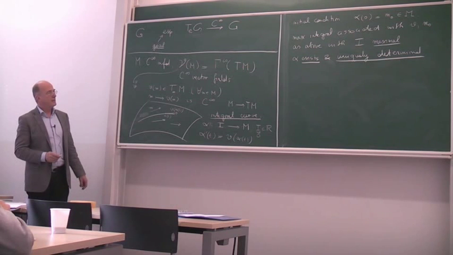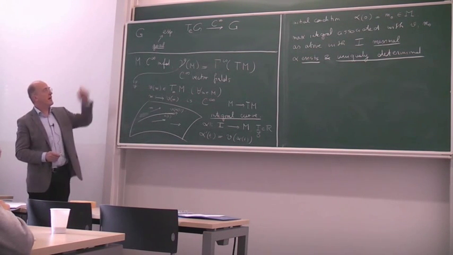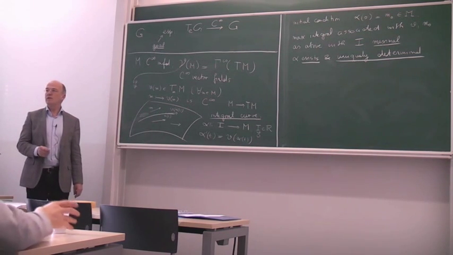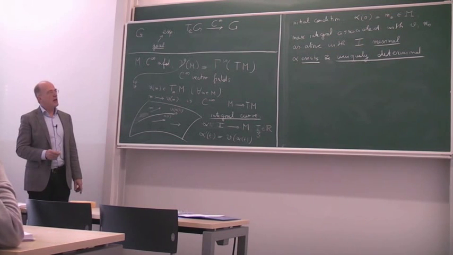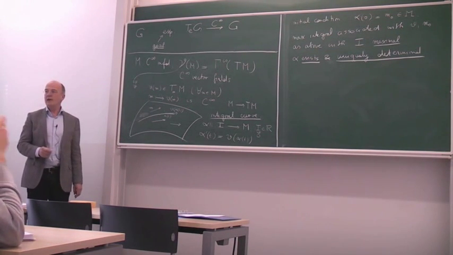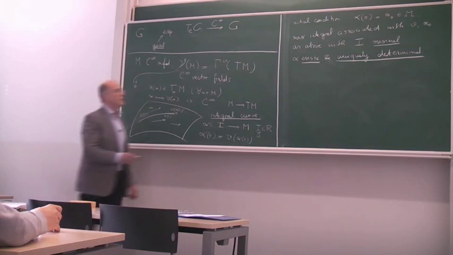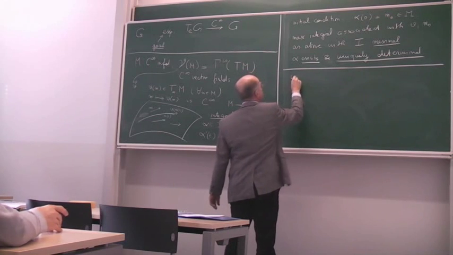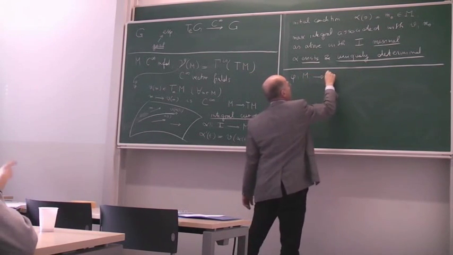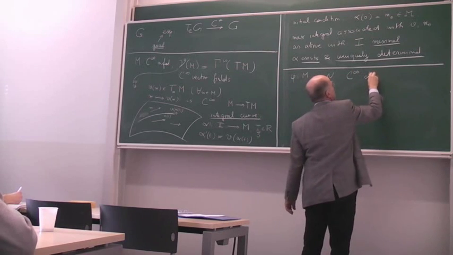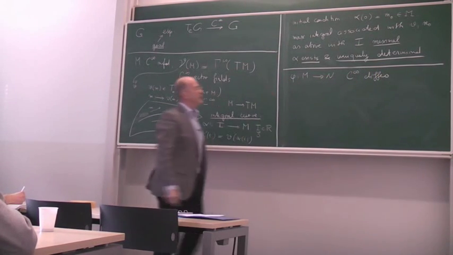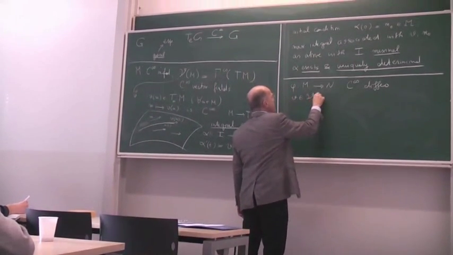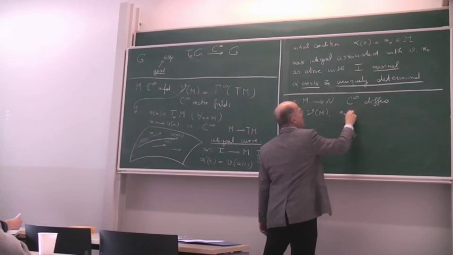Now, but before going to the actual construction of the exponential map, it's good to have a bit of preparation. I want to discuss two operations that can be applied to integral curves of vector fields. So the first operation is, suppose that phi from M to N is a smooth diffeomorphism, and suppose that V is a vector field on M, and that m naught is a specified point.